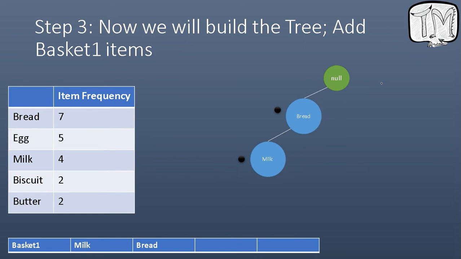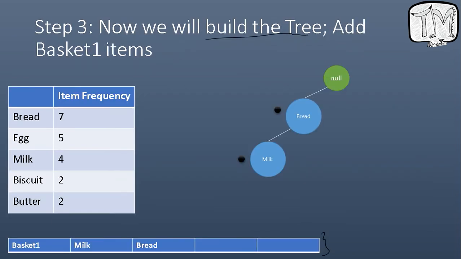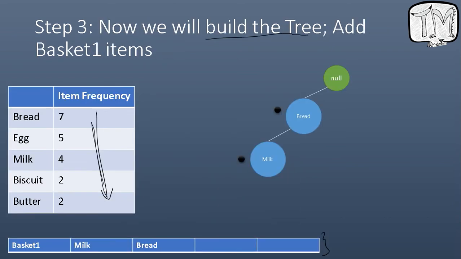Now we will start building our tree here, and the first step is to add the items in basket one. I have mentioned basket one here, so it contains milk and bread as we saw. And as you can see, this is the frequent item set order which we saw in the previous slide.